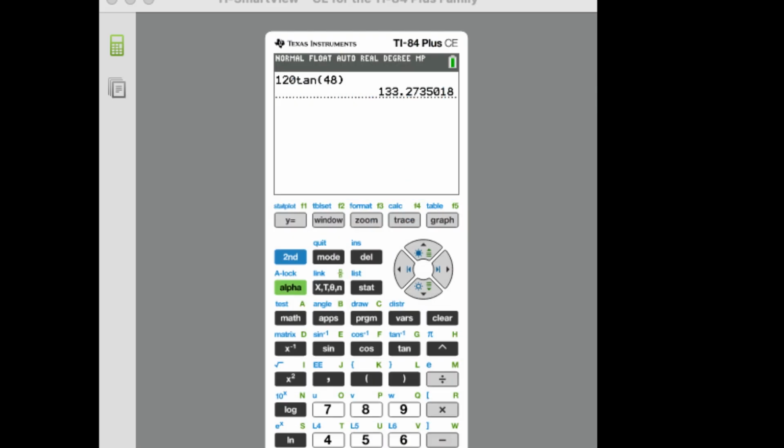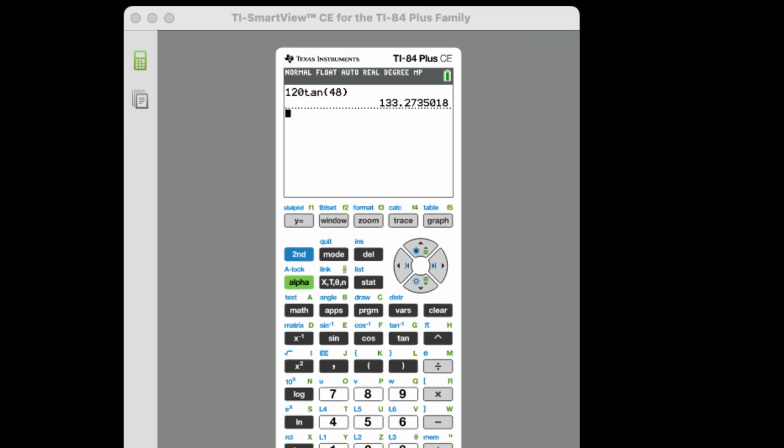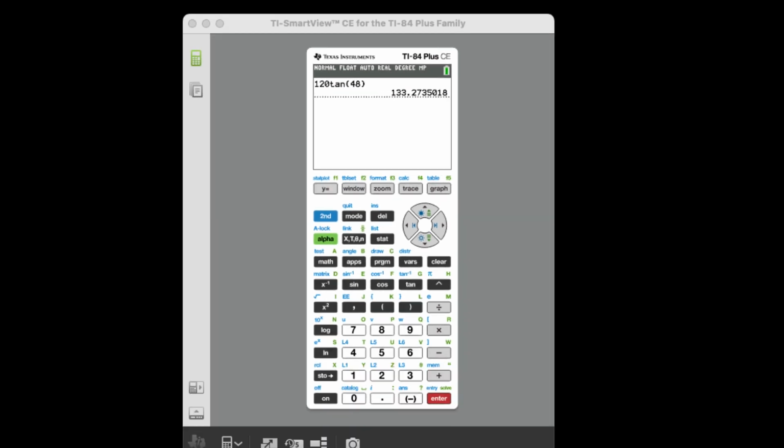Okay, TI. Aren't you guys glad you have a calculator? Okay, 8 divided by tangent of 42 degrees. So, ladies and gentlemen, what's the length of that shadow approximately, to the tenths?